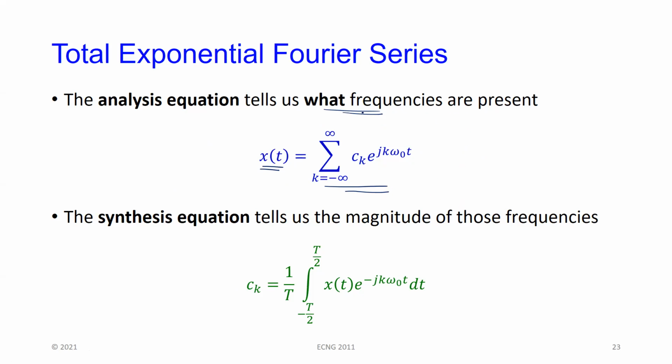So this is kind of like a recipe, right? This is for something that you're cooking. This is telling you what ingredients you need: this, this, this, this, this. So that's the analysis equation. The analysis equation is taking the signal, the recipe, and telling you what ingredients are there.